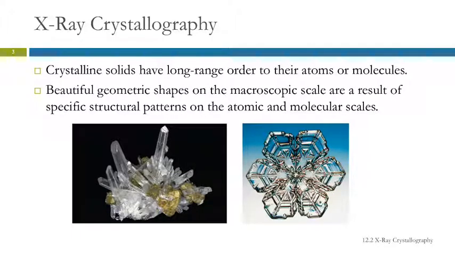Here we have two pictures of crystalline substances. I forget the name of this one, but that's a snowflake. That's water. Crystalline solids have long-range order to their atoms or molecules, and they are often found in beautiful geometric shapes because of the structural patterns that are present on the atomic and molecular levels.